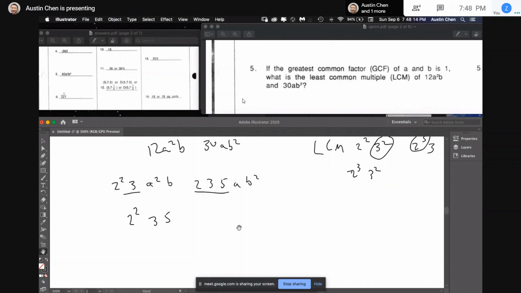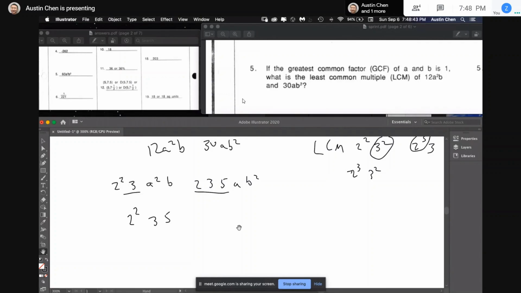No, I was going to say I don't agree with their answer unless A and B had to be relatively prime to 12 and 30 as well. Yes, but I just think at this level they're not going to expect anyone to consider the case where A or B may share a factor with 12 and 30.